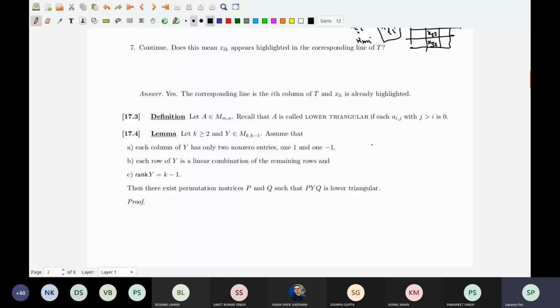This one says, assume that you have a matrix which has k rows and k minus 1 columns. You have a matrix which has k rows and k minus 1 columns. Fine. Next, k is greater than or equal to 2.